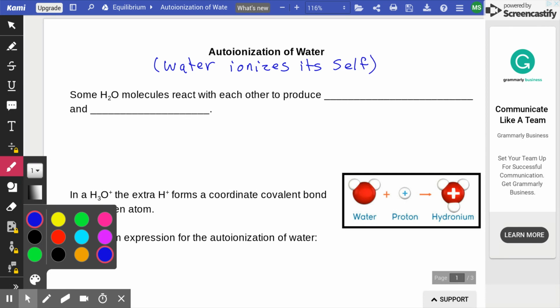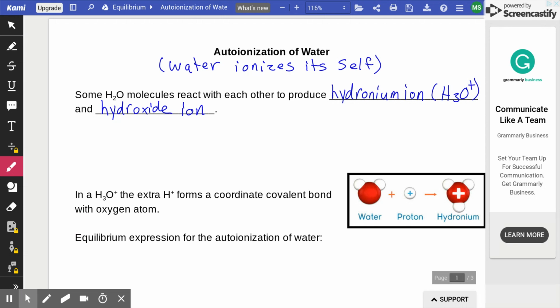So some water molecules will react with others to produce something called the hydronium ion, which we learned about last year, and we know is H3O+, and a hydroxide ion. So our ionization of water reaction looks like this.